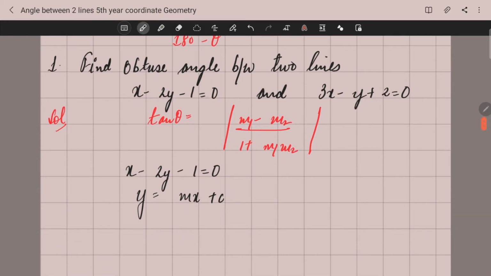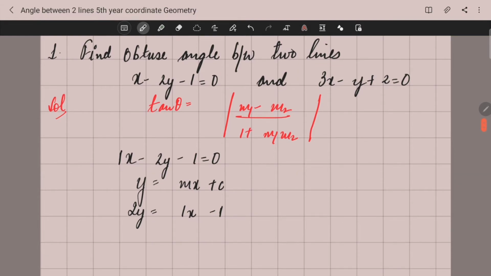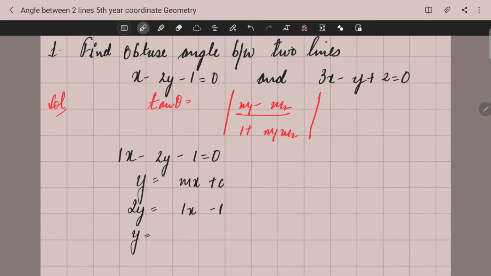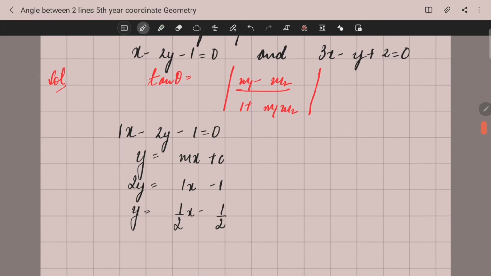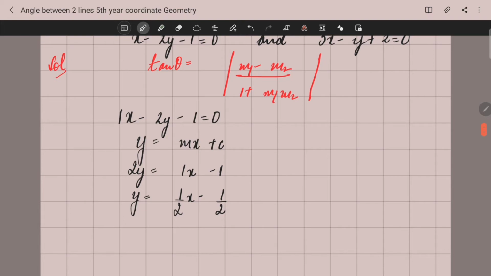We compare our equation with this. This is 2y is equal to 1x minus 1, as there is no coefficient of x, so we write 1 over here. The coefficient of y is 2, but we have to write without coefficient, so we take this 2 in the denominator of x and of this constant. So if we compare our equation with y is equal to mx plus c, value of m1 is equal to half.